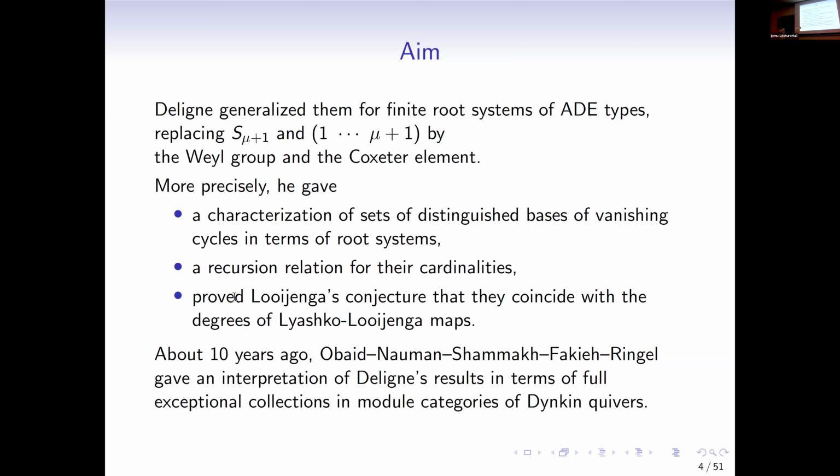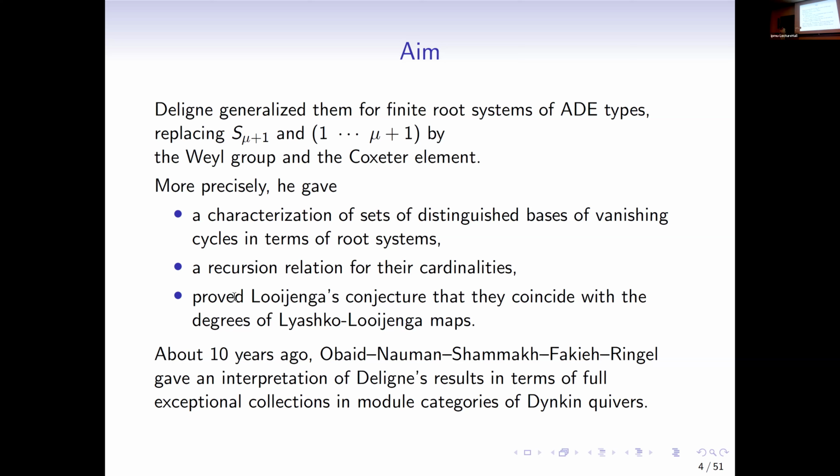More precisely, he gave a characterization of the set of distinguished factorizations and considered the recursion relation. And what he wanted to do is to give a proof for Looijenga's conjecture, which says there is some coincidence between the number of factorizations and the degrees of invariants. I'll recall this part later.